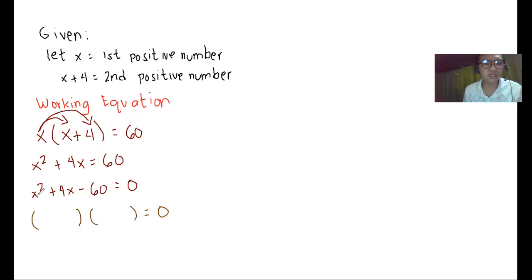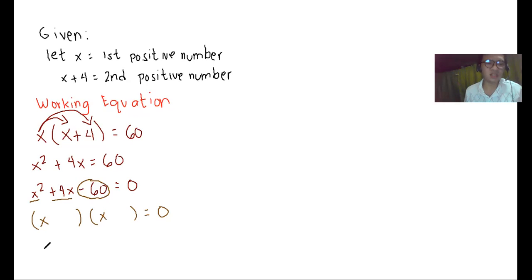Since our first term is x squared, this is x. X times x is x squared. So we have the last term, negative 60, and the middle term, 4x. In our early discussion, in the early topics, there is a relationship between the last term and the middle term of a trinomial in terms of factoring.